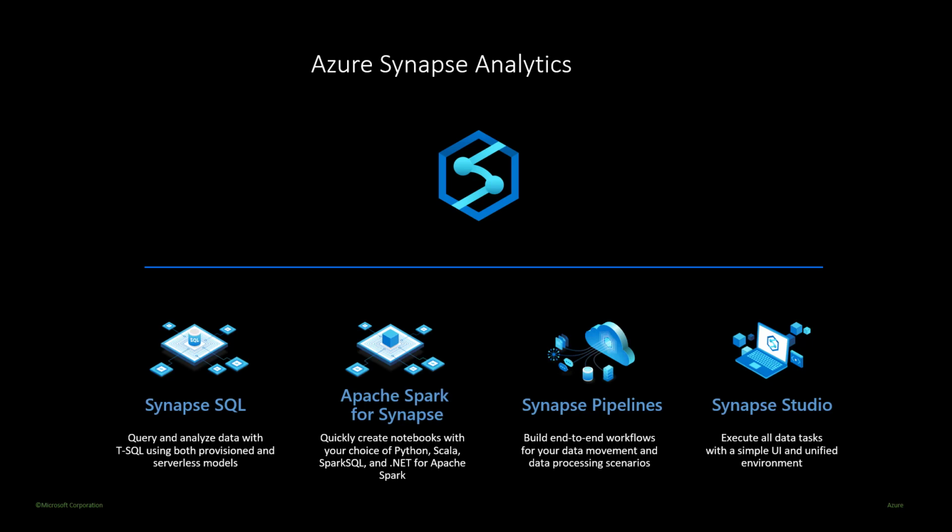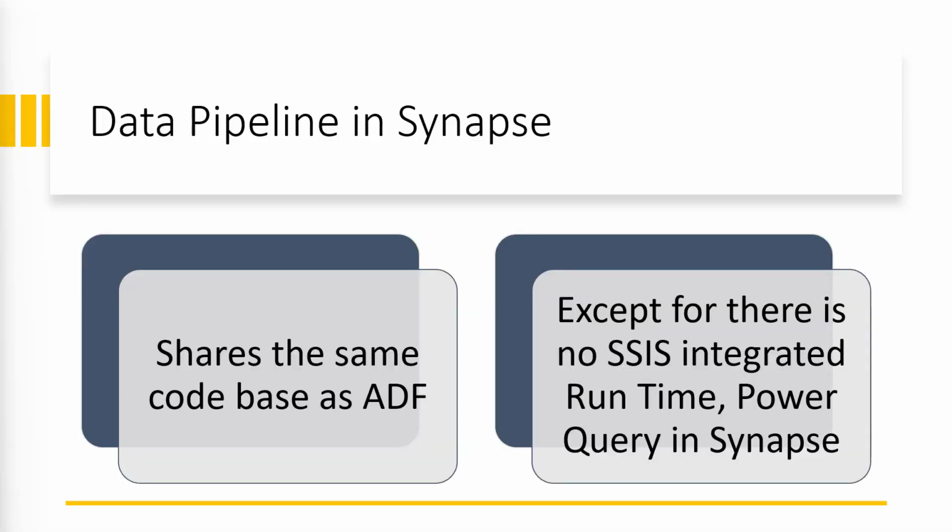Synapse Studio is the web-native experience that ties everything together, and allows data engineers, data scientists, data integrators, and BI developers all in one place to manage the entire analytics solution, all in one location. The data pipeline in Synapse, as I mentioned in the previous slide, shares the same code base as Azure Data Factory.